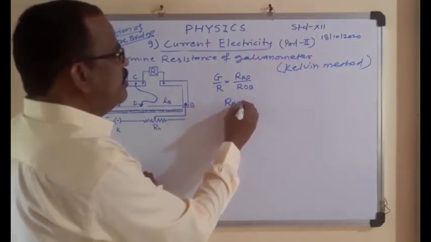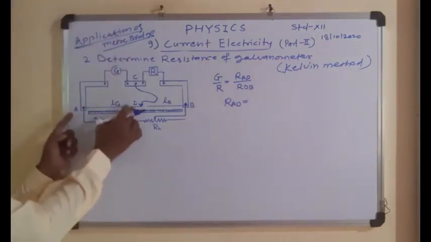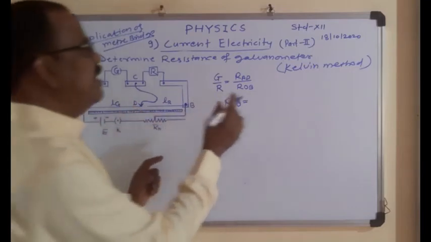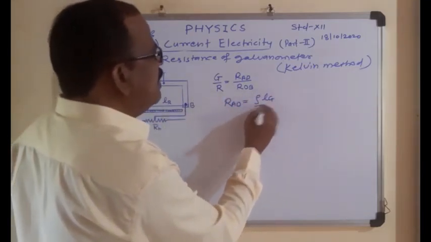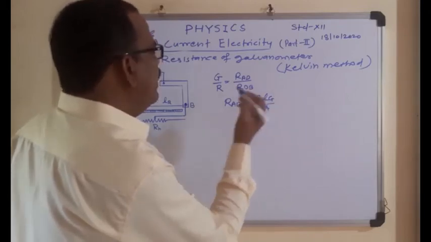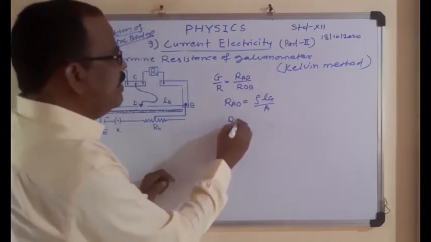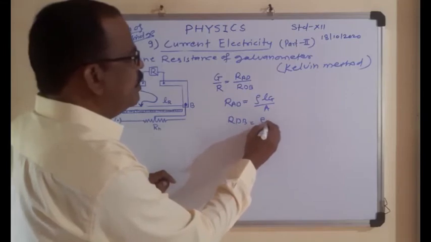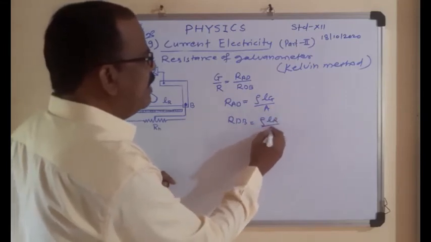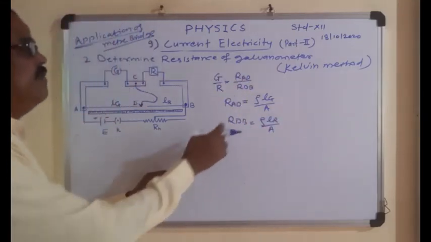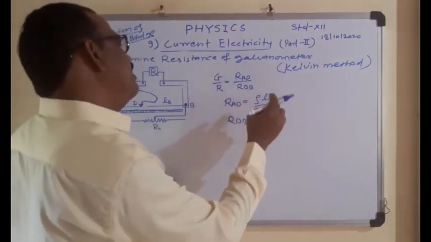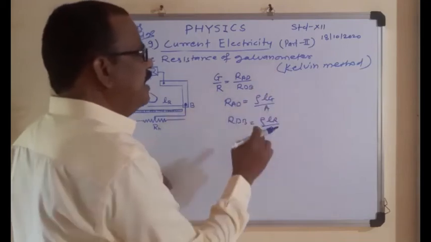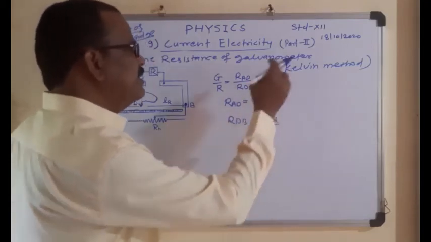RAD is equal to the resistance of wire of length AD, which is equal to rho into LG divided by A. Similarly, RDB is equal to rho into LR divided by A. Substitute these two values in this equation. Rho is the specific resistance, LG is the length between A and D, and A is the area of cross section of the wire.